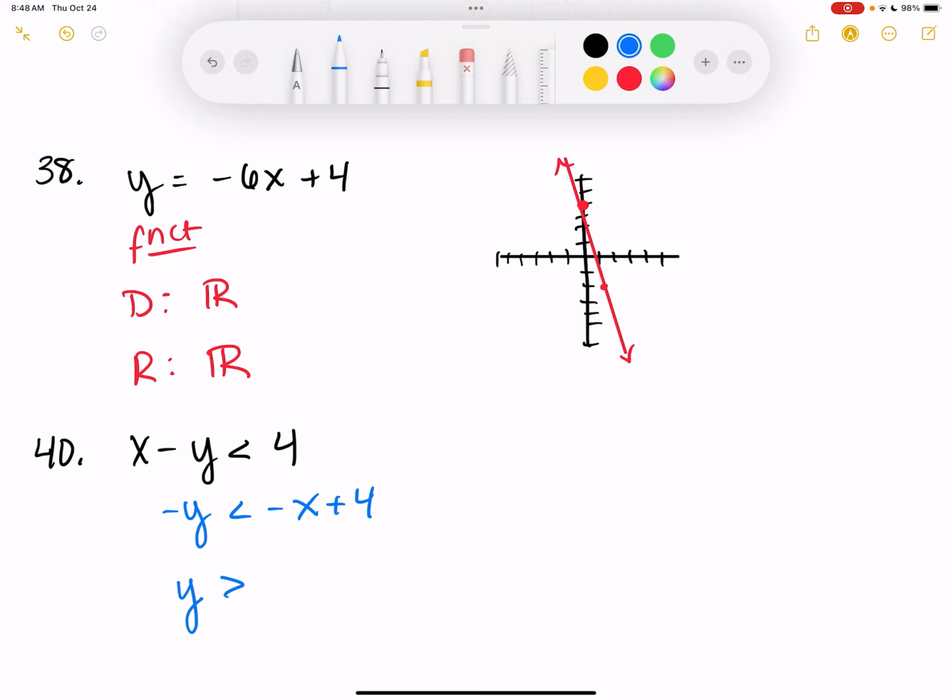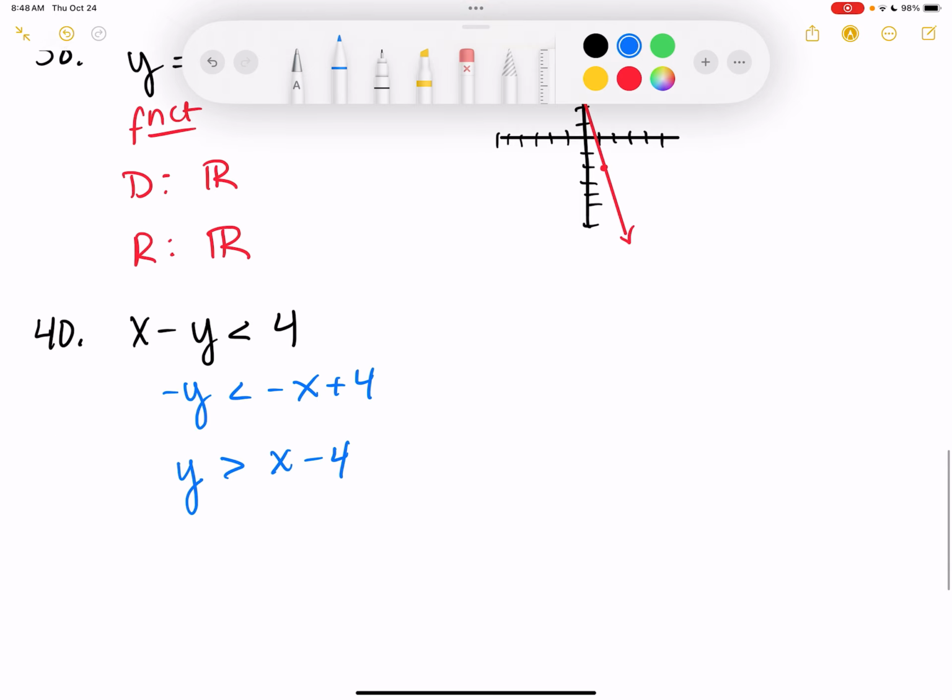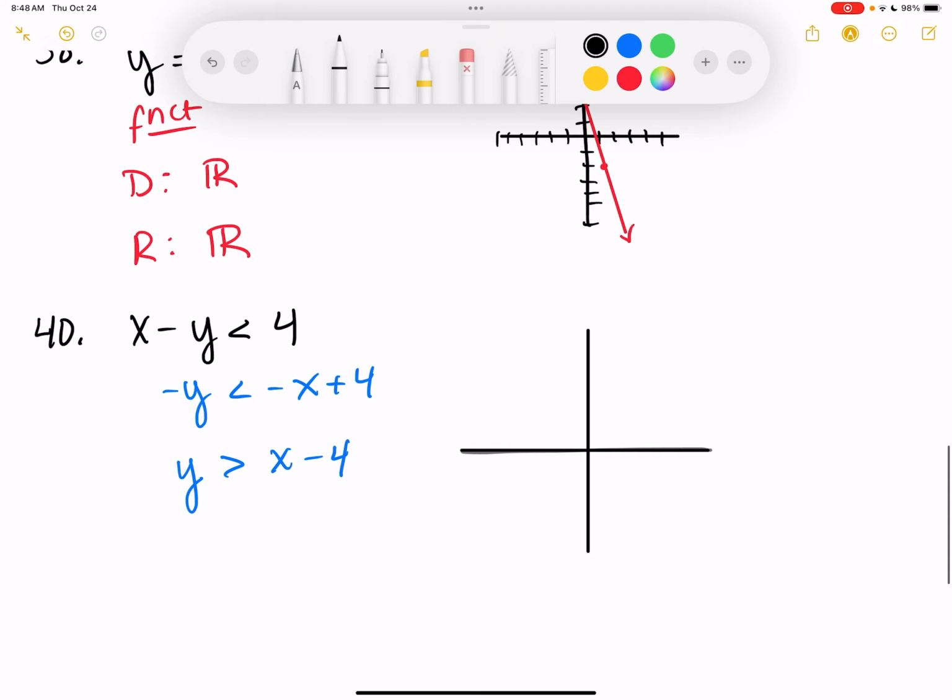Yep, so y is greater than x minus 4. So if I went to graph this one, I would have an intercept at negative 4. I would be up 1, right 1, up 1, right 1, so on and so forth.